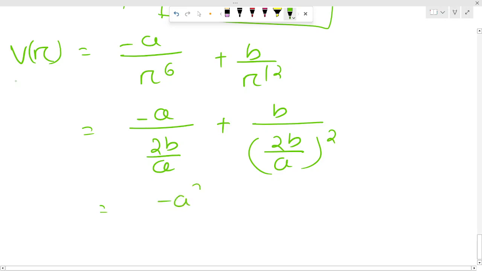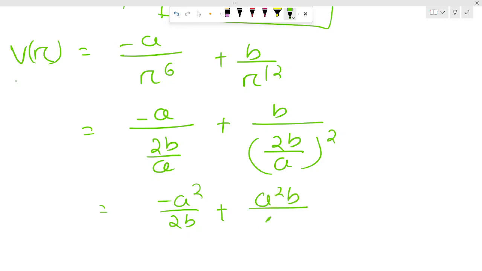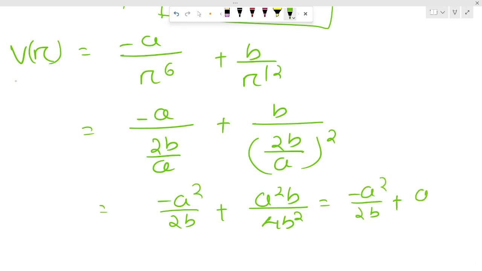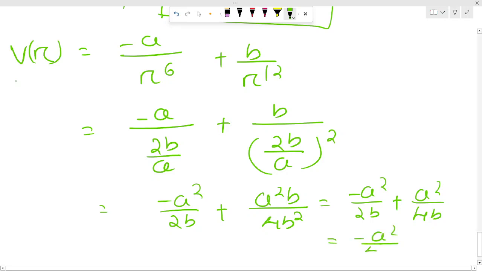So it will become minus a square upon 2b plus a square b upon 4b square. Okay, so it will become minus a square upon 2b plus a square upon 4b. So it will become minus a square upon 4b.